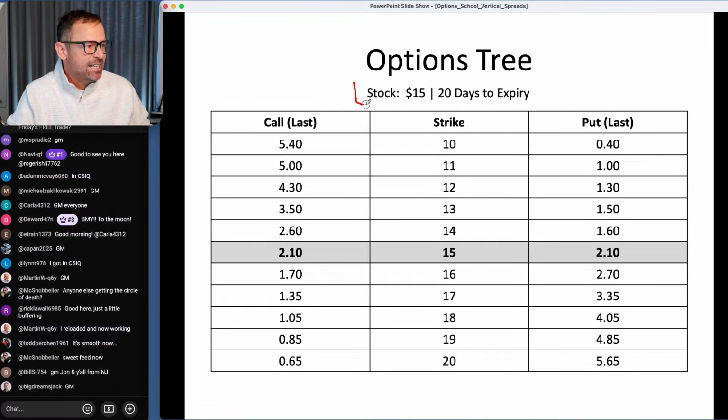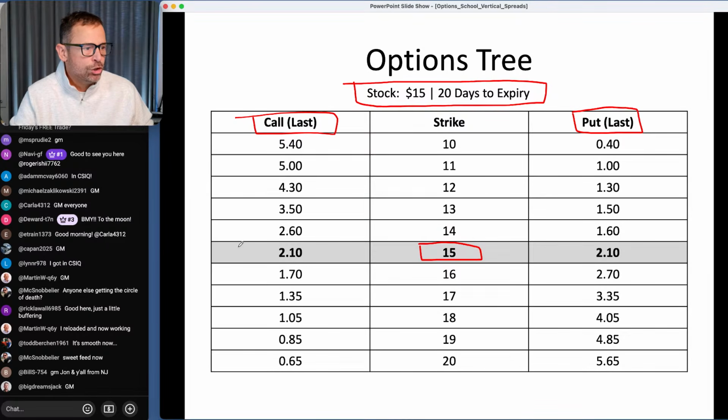Stock is at $15. 20 days till expiration. This is a phony baloney example, okay? Strike 15. Here are the calls. Here are your puts.